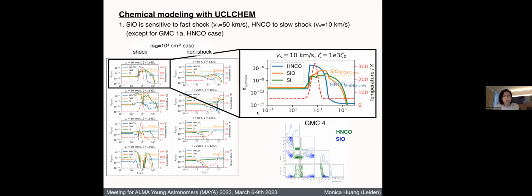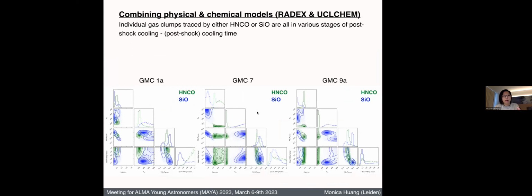And when we look back to our gas property profile, gas temperature, gas density, etc., if we assume both species are derived from post-shock episodes, then what we are actually seeing here are the post-shock cooling gas temperatures in individual gas components. They are potentially at very different cooling phases.